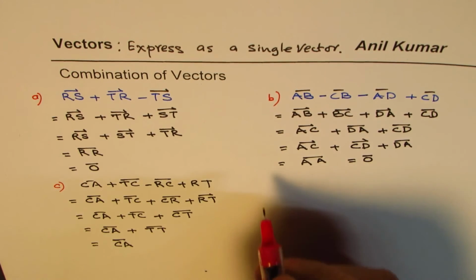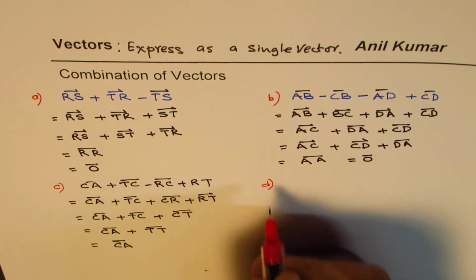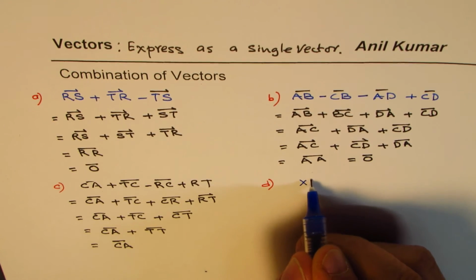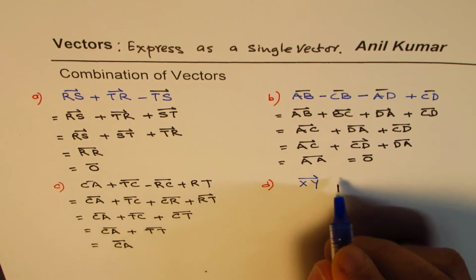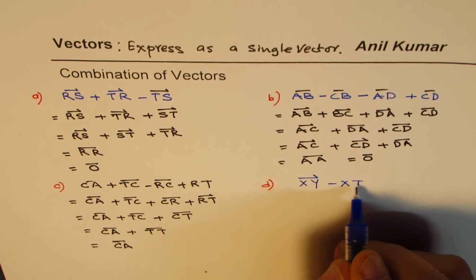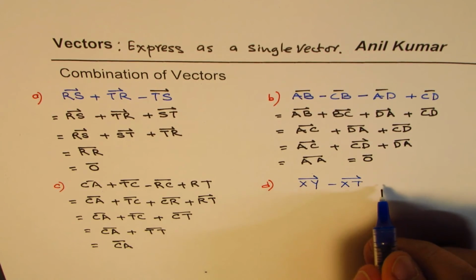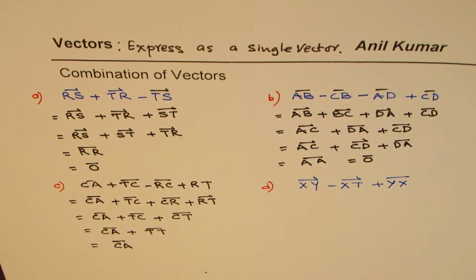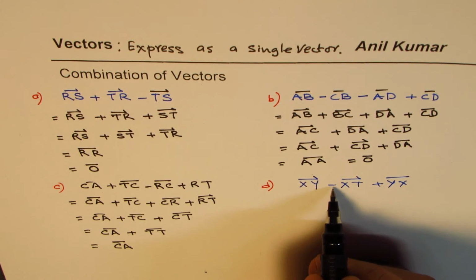Now here is another question for you to practice. Let us say we have XY minus XT and we have plus YX. Now what is this equal to? Okay, so let's apply the same strategy. We can change this to positive.